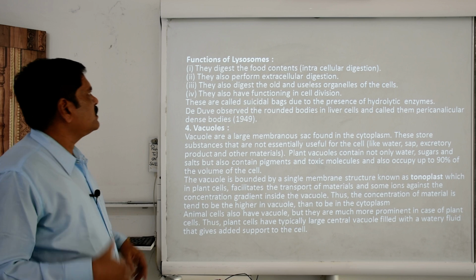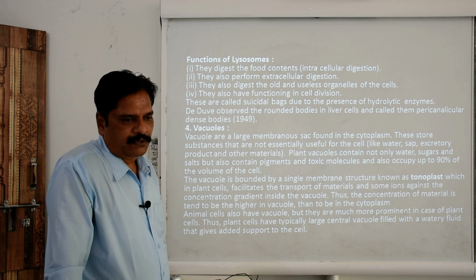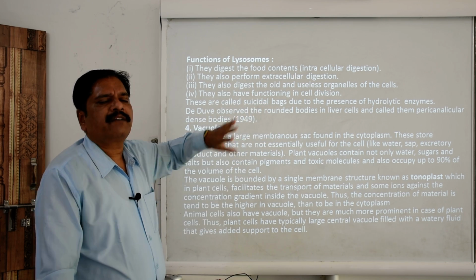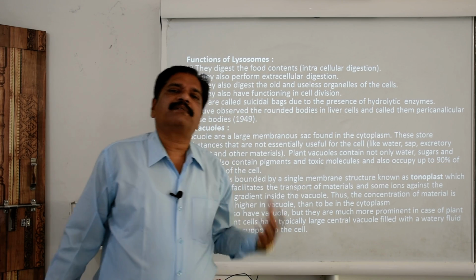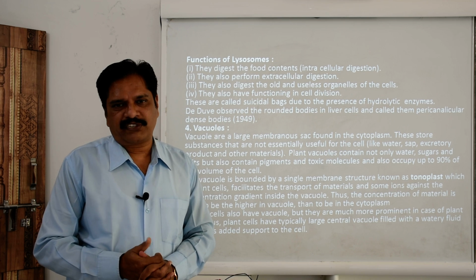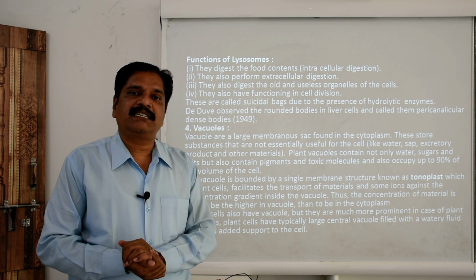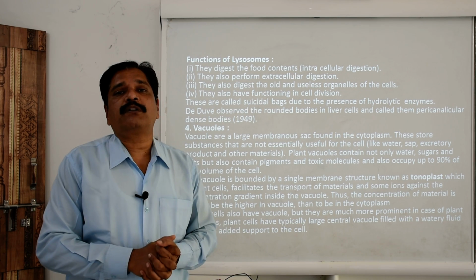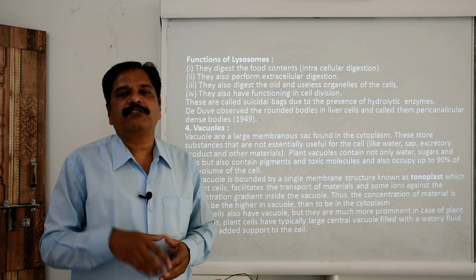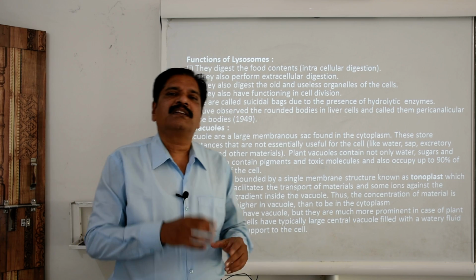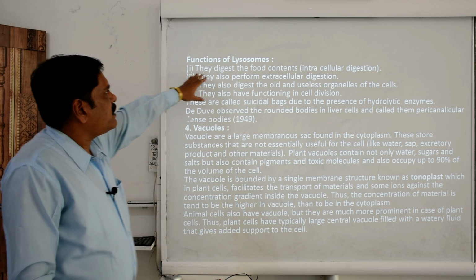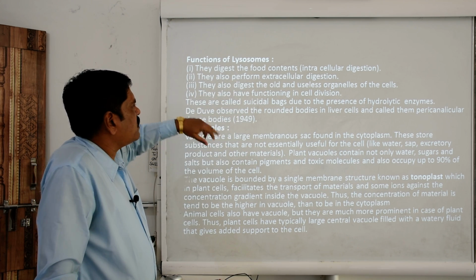So in the different secondary lysosomes you can observe some residual bodies as well. When undigested, unbreakable substances remain, it is called the residual lysosomal structure, and some are also excretory in nature, finally responsible for holding only the waste or harmful material which we need to excrete out. So this cellular component is carried out to the side. So this is the function: they digest the food content, that is the intracellular digestion.